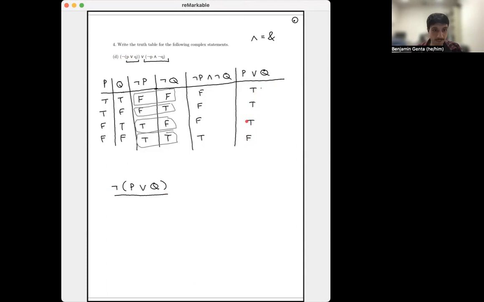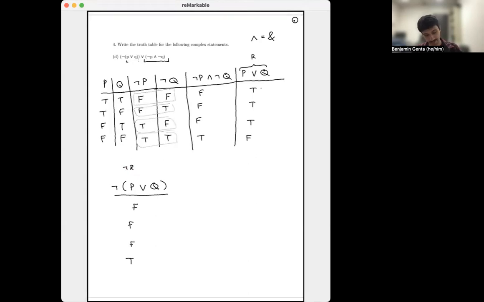So not (P or Q) is going to be what? So we have true, true, true, false. And we're saying, right, you can imagine that this is just R, and we're asking what is not R? It's the same thing. And so it should be quite easy, right? It's just false, false, false, true.